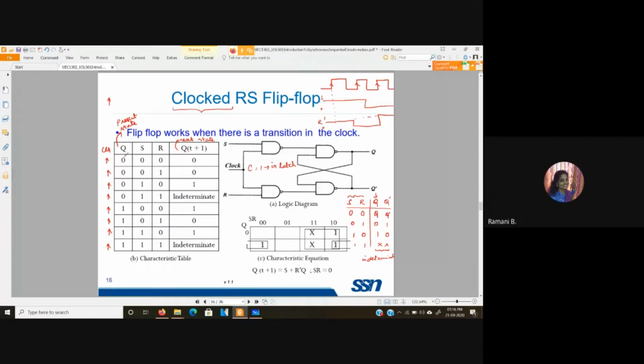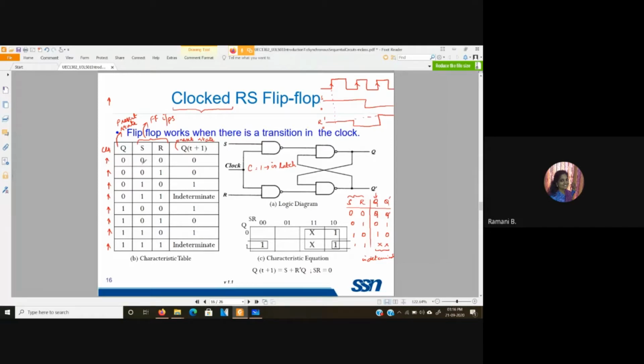So for that purpose, while writing the table, we write this similar to the way we write the truth table. That is, here you have the present state Q, and the S and R inputs of the flip-flop. These two are flip-flop inputs. Now we have to analyze what will be the next state for this flip-flop.